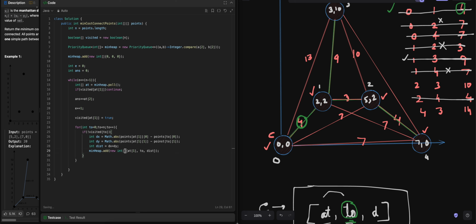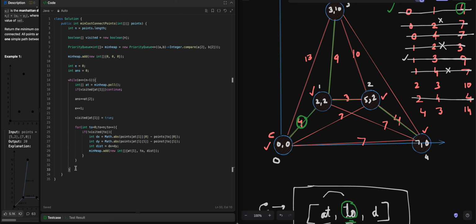I hope this line is clear? So at 1 is right now where we are, the current vertex, to the next vertex that we are going to, and the distance. So this edge we will add to the min heap like we were doing here. So all these things that we are doing here, the same is represented here in the code.